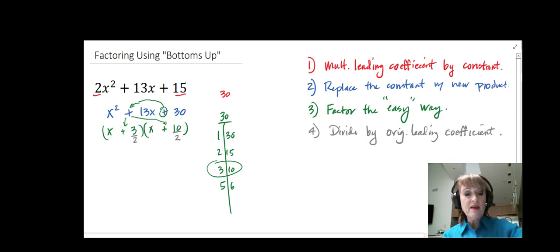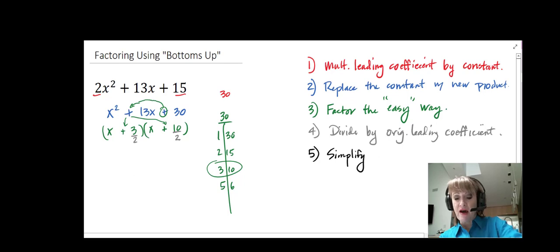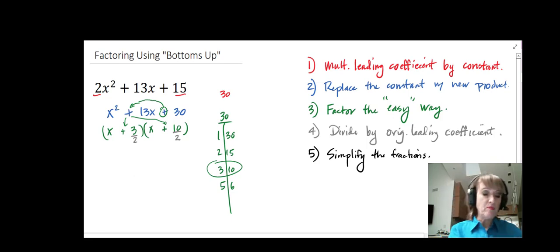Now the next step, step 5, is I simplify. This is a step that I've seen students skip. You can't. You have to simplify the fractions that are resulting. That doesn't mean make a mixed number. It means simplify them. 3 over 2 is simplified, because I can't divide 3 and 2 by some same factor.